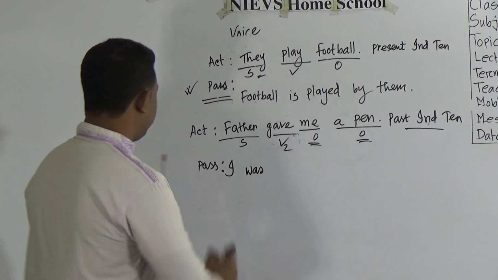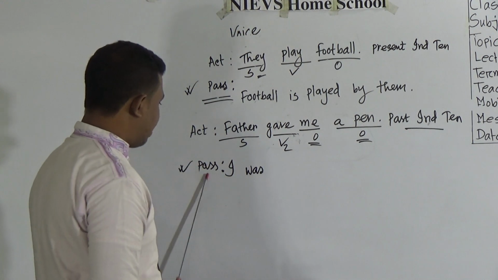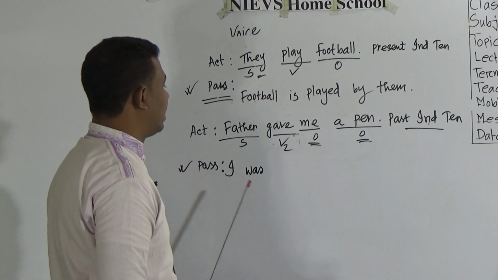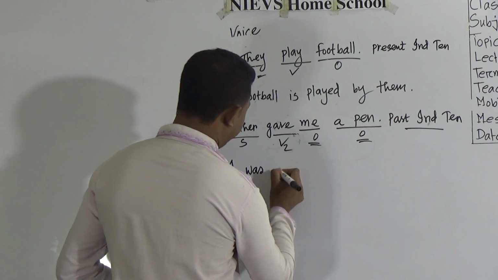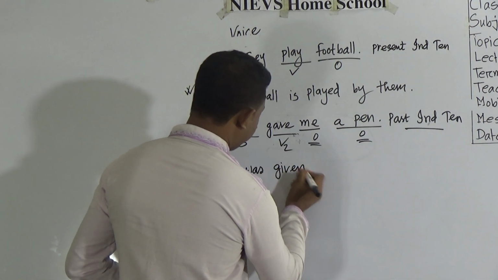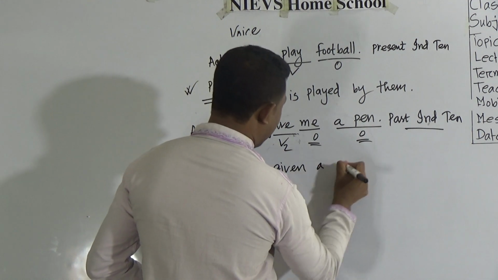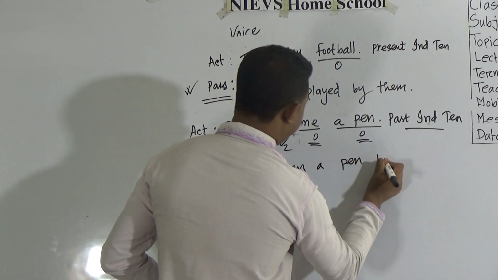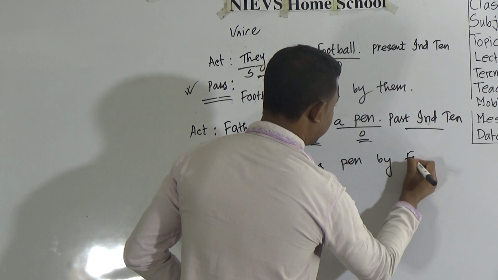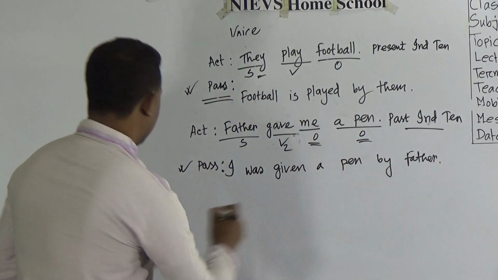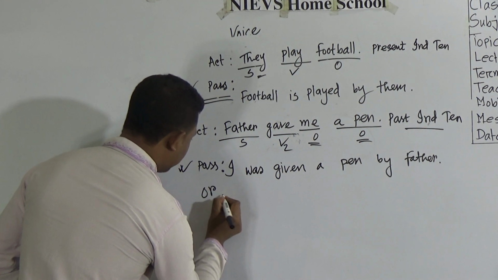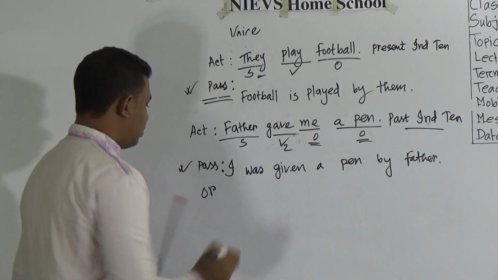I told you before that past passive always contains the past participle form of the verb. So give, gave, given: "I was given a pen by father." This is one way.